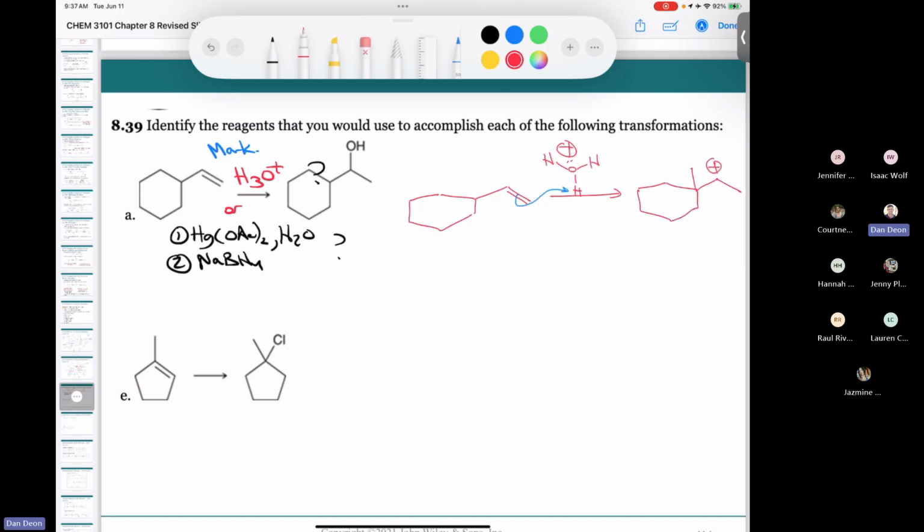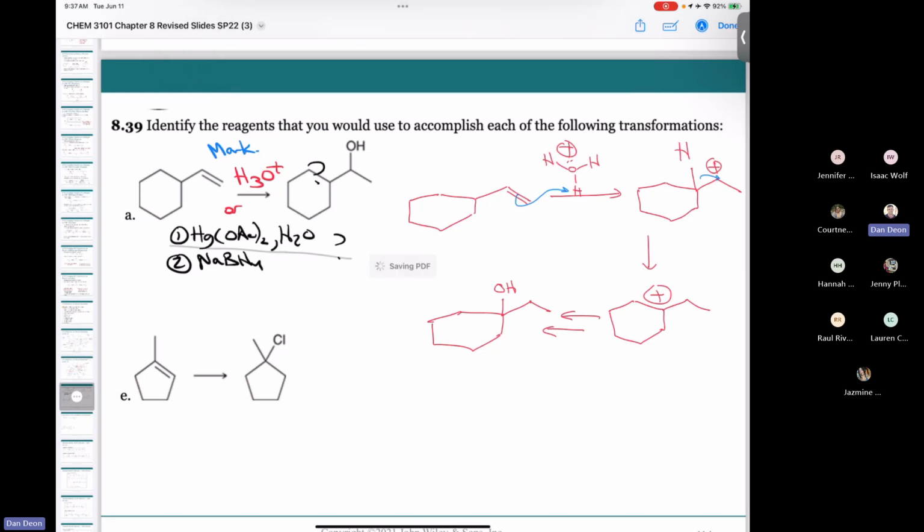But that's going to undergo a hydride shift like this to give you a tertiary carbocation. So you're going to end up with this carbocation, and then after nucleophilic attack and proton transfer, the alcohol you would isolate would be this. We call that 1-ethylcyclohexanol. So that means that H3O plus is not going to work in this case.